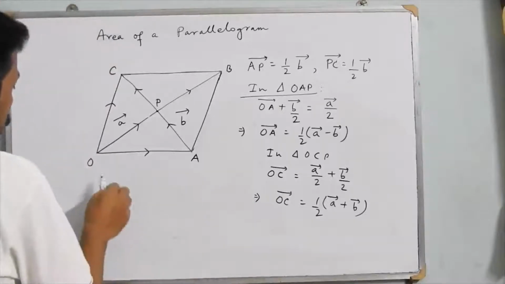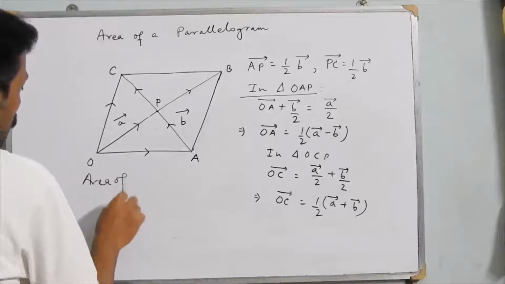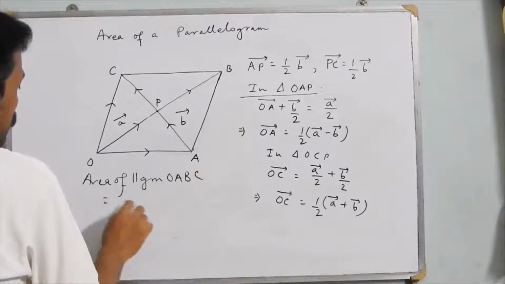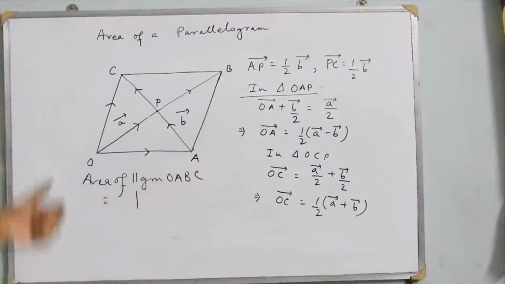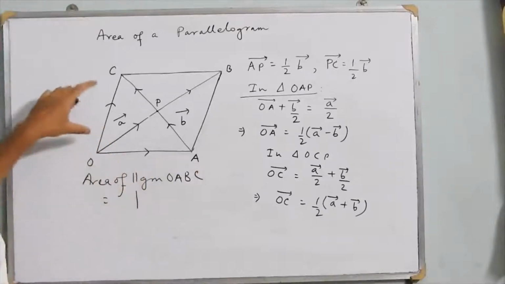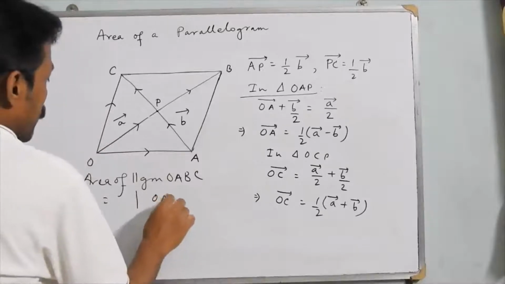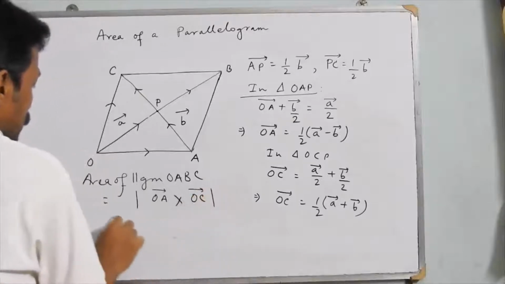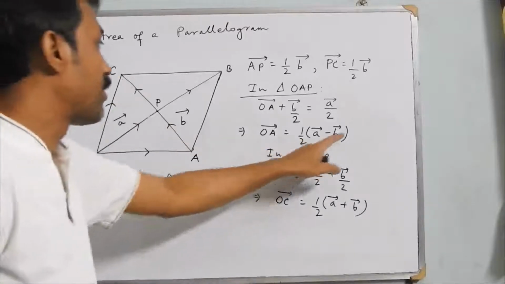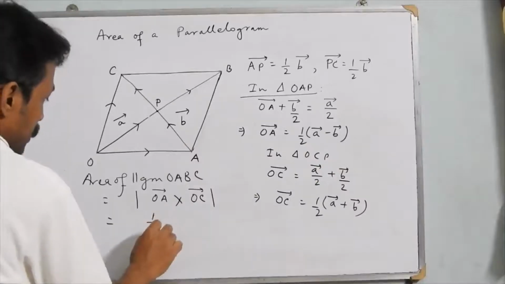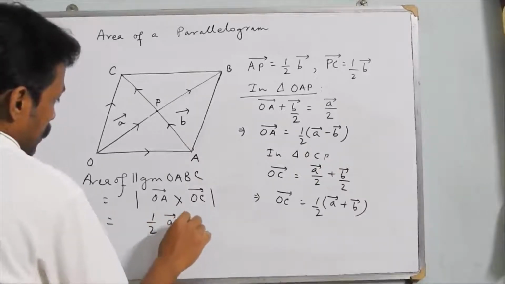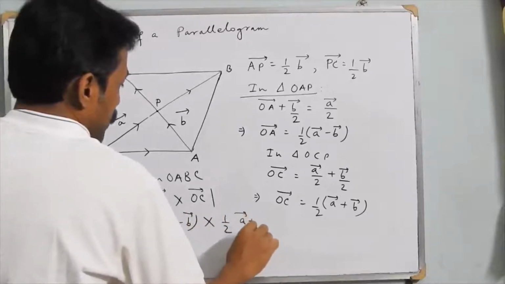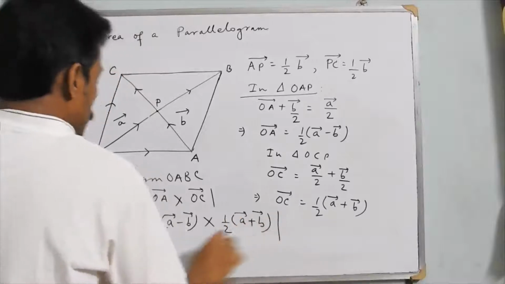As I have already determined, the area of the parallelogram OAPC is equal to the modulus of the cross product of the adjacent sides, that is OA vector cross OC vector. Now OA vector is half of A vector minus B vector, cross half of A vector plus B vector, modulus of this one.